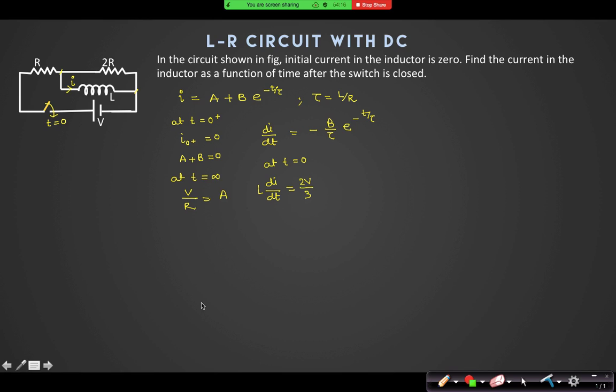Check if I have got the correct expression. Look at t equal to 0. What is the current in this branch? V by 3R. So what is the potential difference across this 2R? 2V by 3. So is that nothing but L di by dt, because they are in parallel?